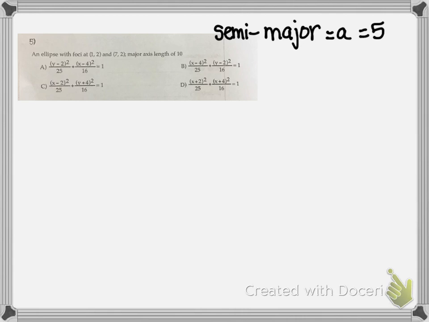And I'm just going to do a quick drawing over here. So I have foci at 1, 2. And let's see if I can get those points in there. And then I have another one at 7, 2.